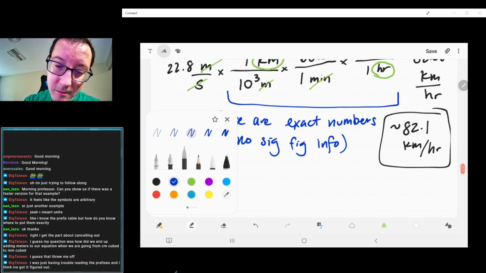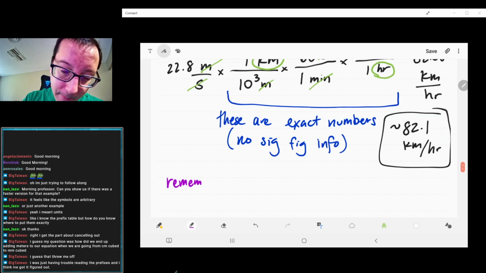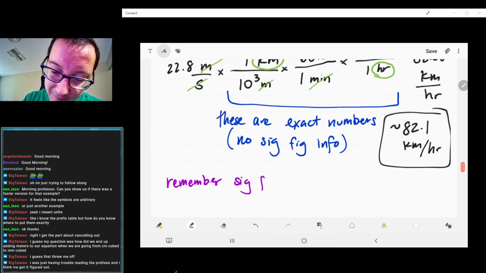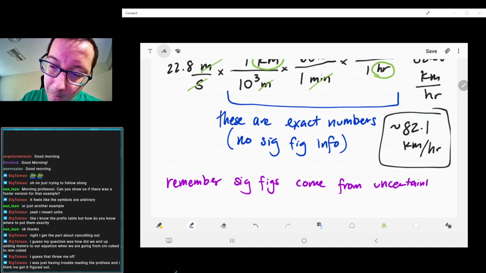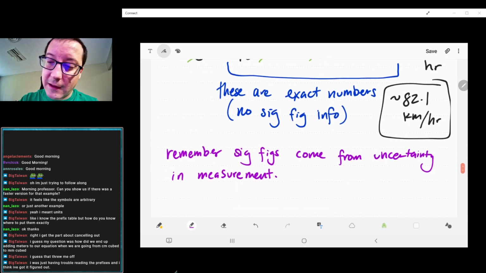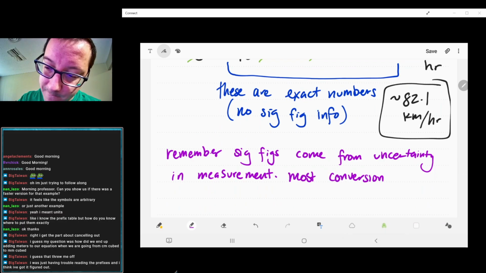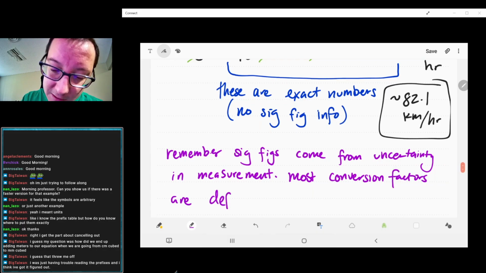Alrighty, so in purple, let's write this out. So remember, Sig Figs come from uncertainty in measurement. And so we're going to see that most conversion factors are definitions.